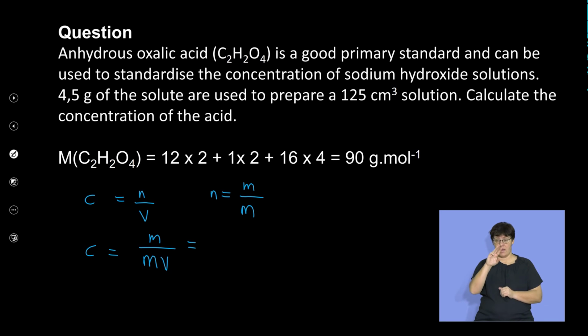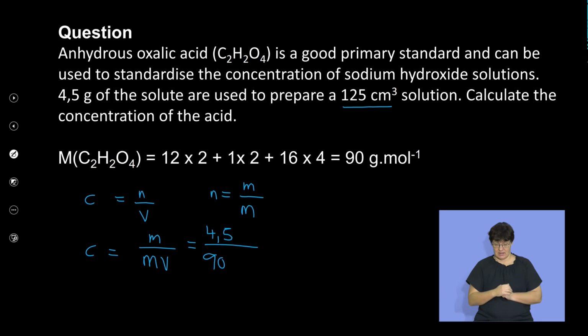multiplied by volume. So what is the mass of the solid that dissolves completely as we form this standard solution? It is 4,5 grams, divided by the molar mass of oxalic acid, which is 90 grams per mole. And then the volume of the solvent that is used to form this solution is 125 cubic centimeters.